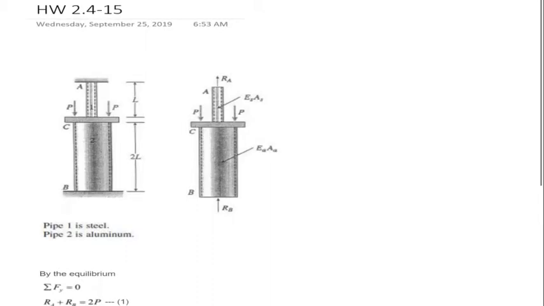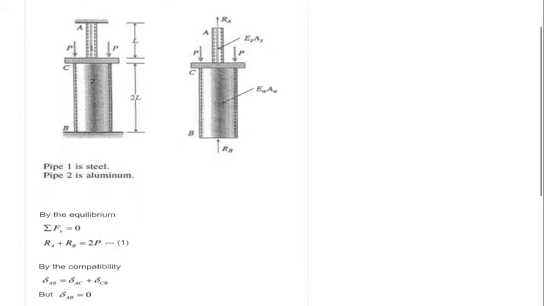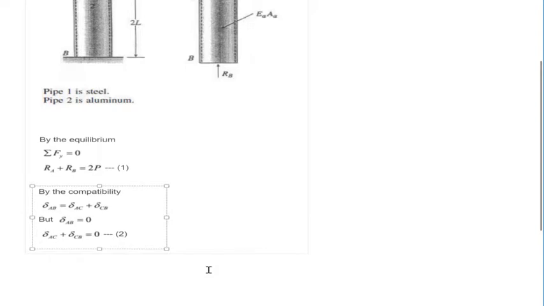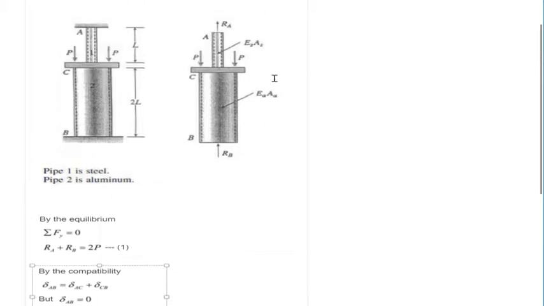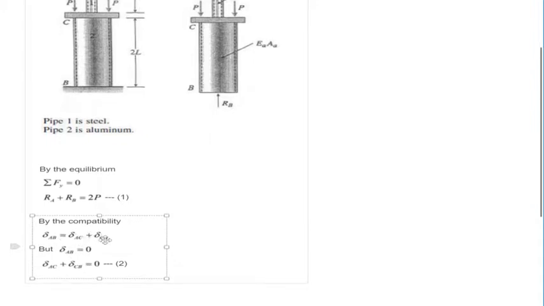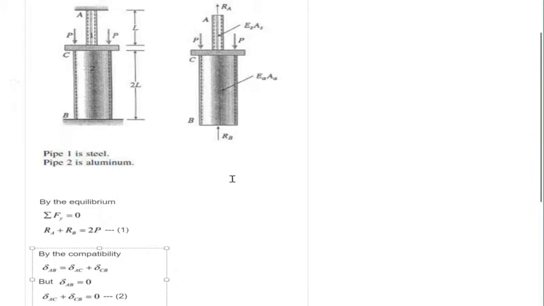Now, we need to find the compatibility equation that relates the elongations of each one of the pipes. By that, we have this. That the compatibility equation would be the elongation from A to B for the whole system is equal to the elongation from A to C plus the elongation from C to B, the elongation of its parts.